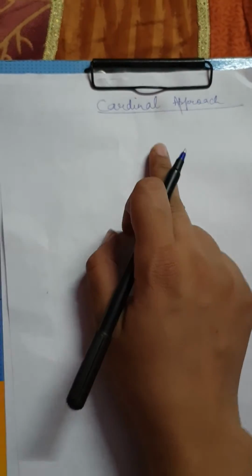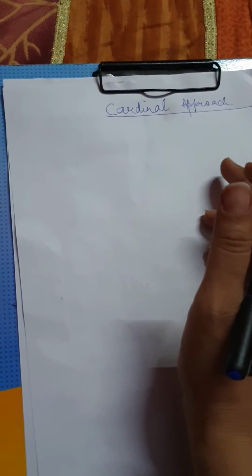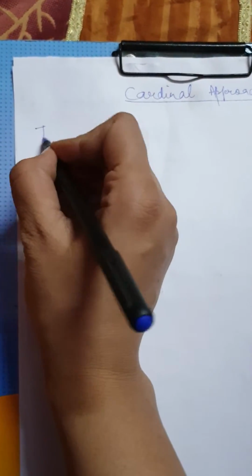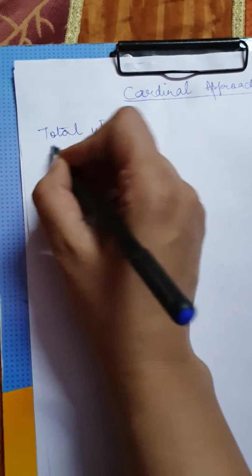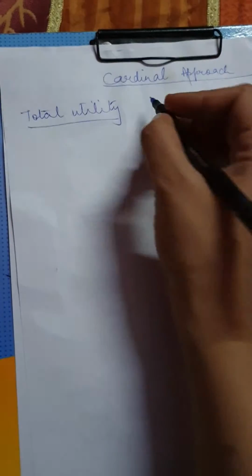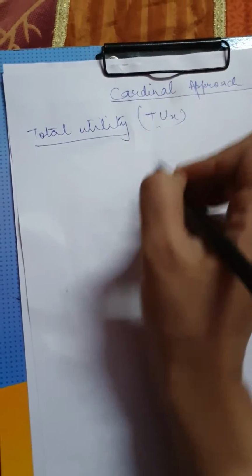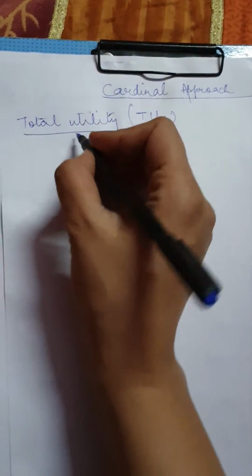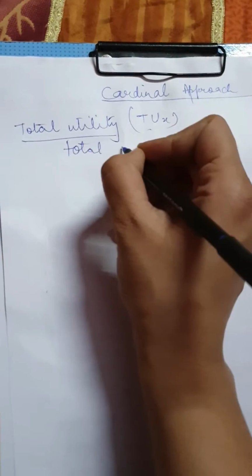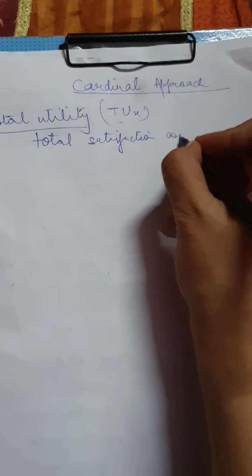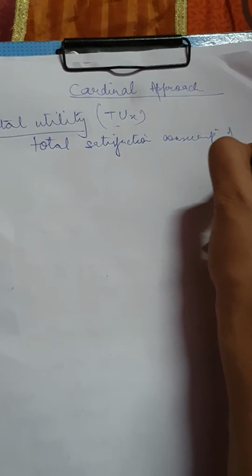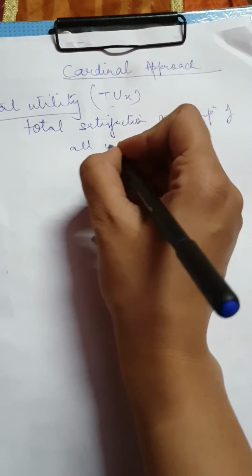Moving forward, now we will discuss the cardinal approach. Before we start, we need to know what we mean by total utility. Total utility, also given by TU of X, is nothing but the total amount of satisfaction that we derive by consumption of all units.